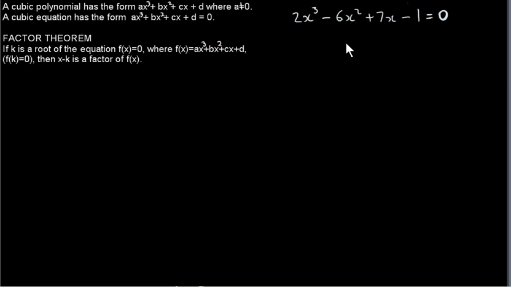The simplest cubic equation is just x cubed equals 0. We don't have to have an x squared term or an x term or a constant. Another example of a cubic equation might be something like minus 5x cubed plus 3x plus 4 equals 0. In this cubic equation there is no x squared term, but we must have an x cubed term.